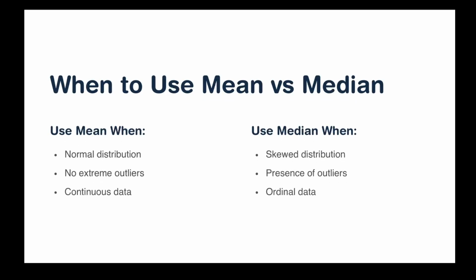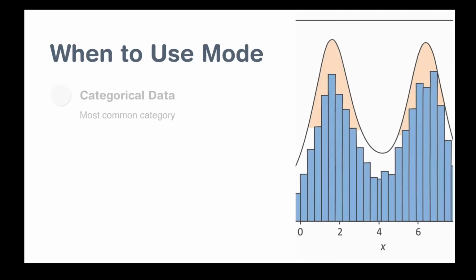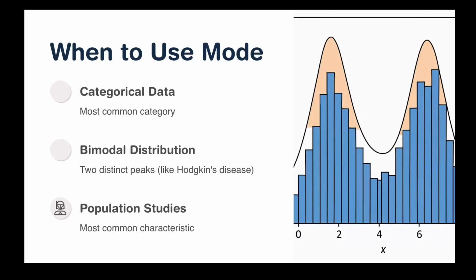So when to use mean versus median? We use the mean when there is a normal distribution and no extreme outliers, and when it is continuous data. We use the median when there is a skewed distribution, the presence of outliers, and ordinal data. When to use mode? It is for categorical data, for the most common category, which we count.